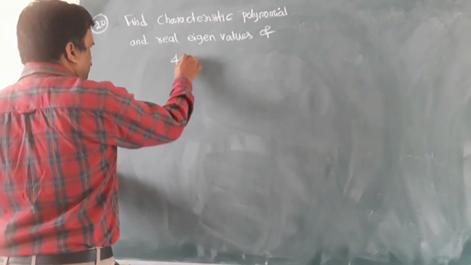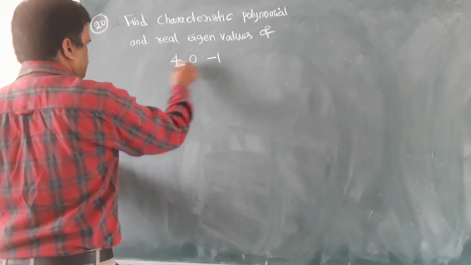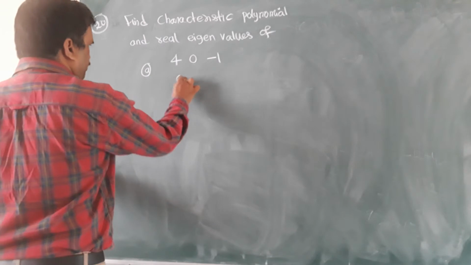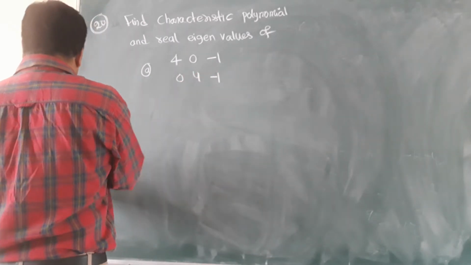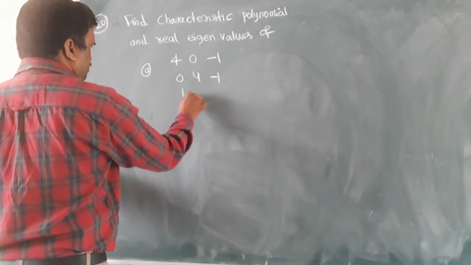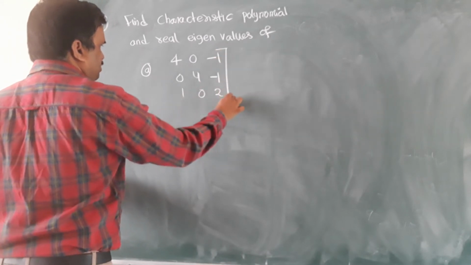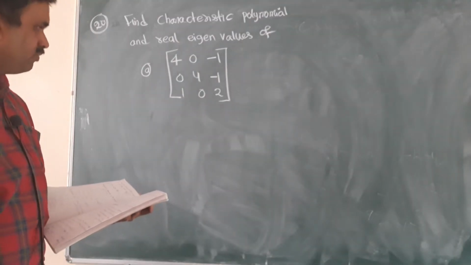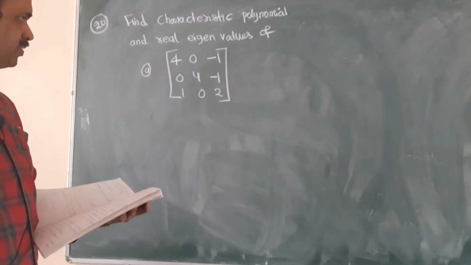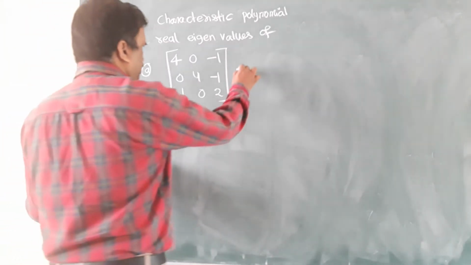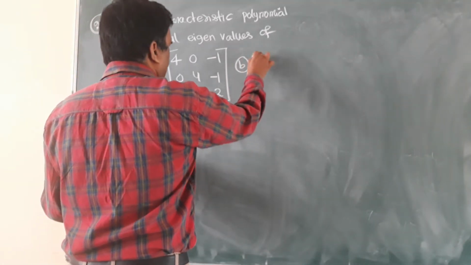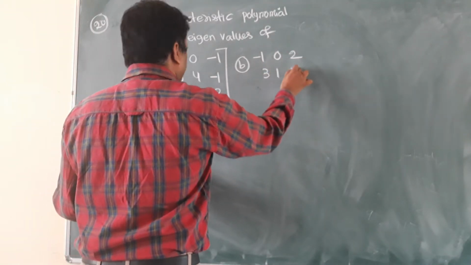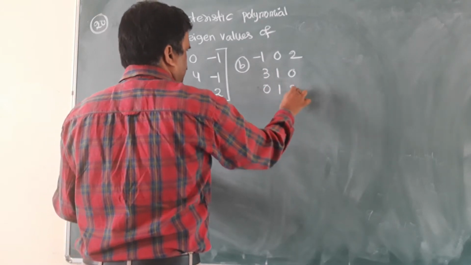The first row is 4 0 minus 1. Then 0 4 minus 1, 1 0 2, and one more row is there, 3 1 0 0 1 2.